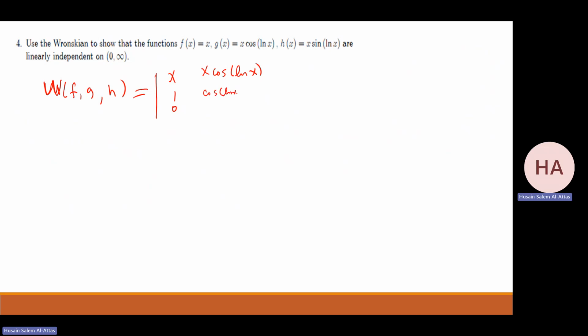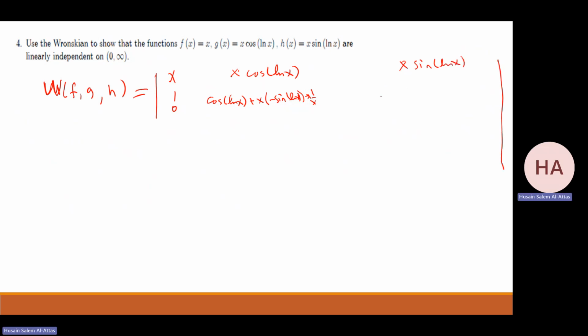Cosine ln x plus x times cosine ln x derivative. So that will be cosine ln x plus x times minus sine ln x times 1 over x. Yeah, this one is x sine ln x.